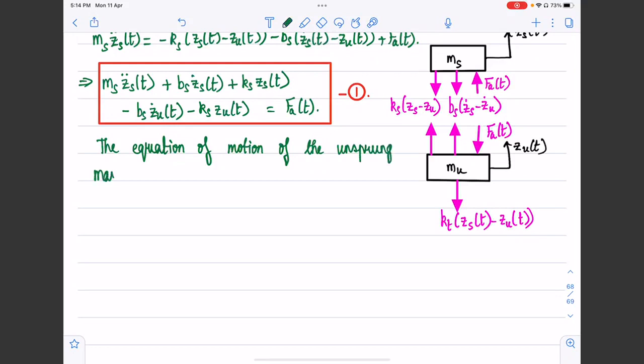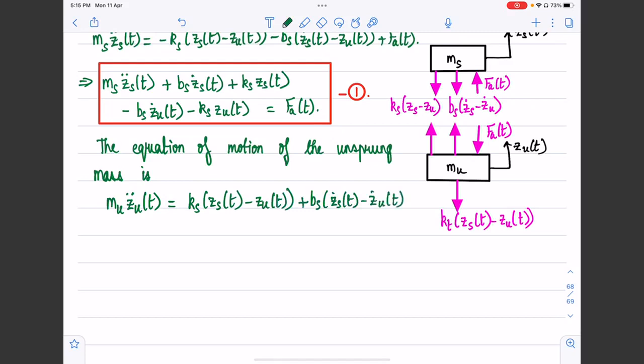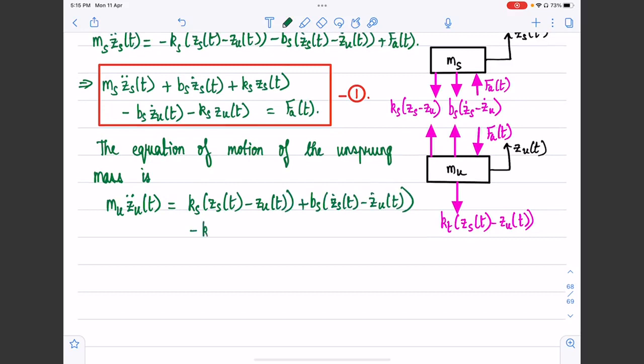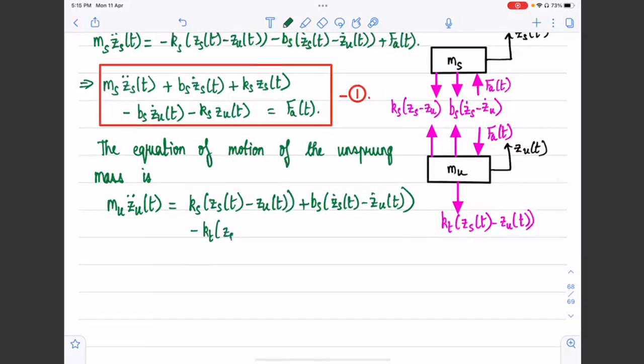Once again, we have to write ma equals F. So ma is going to be mu times Zu double dot (t), and that's going to be equal to the net force acting on it. Let's write down each term. Considering the upward direction to be positive, we have Ks times (Zs minus Zu) as the first force, then Ds times (Zs dot minus Zu dot) as the second term. Then we have a force from the tire stiffness, which is Kt times (Zs minus Zu).